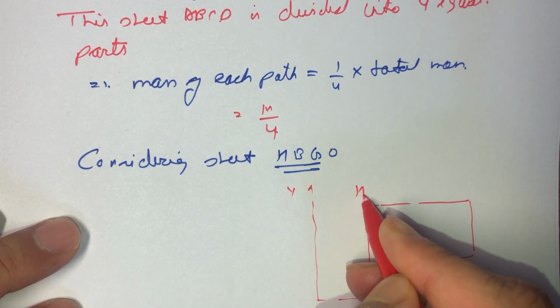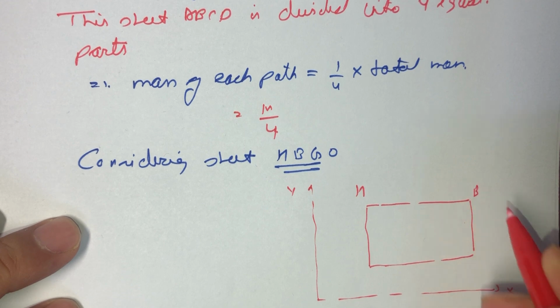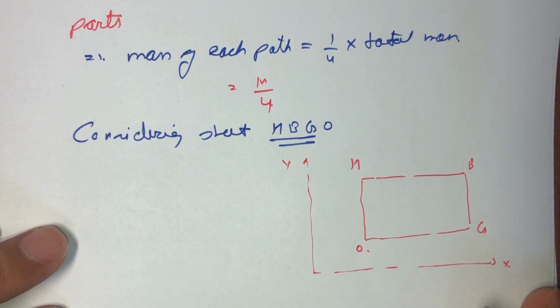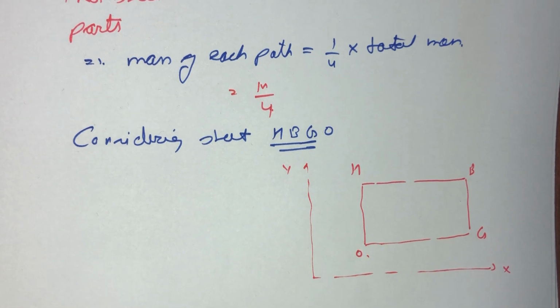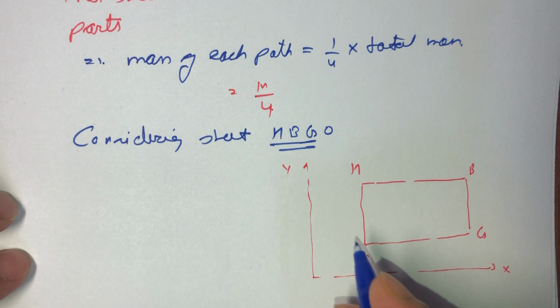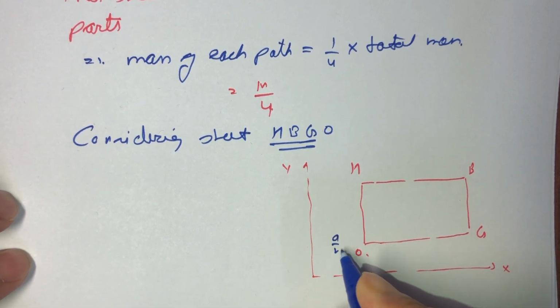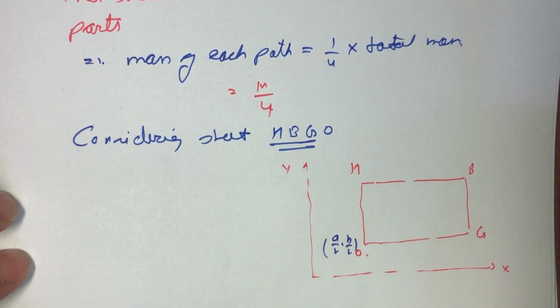This point is H, this is B, G and O. Now the coordinates given to us: O is A by 2 and B by 2.